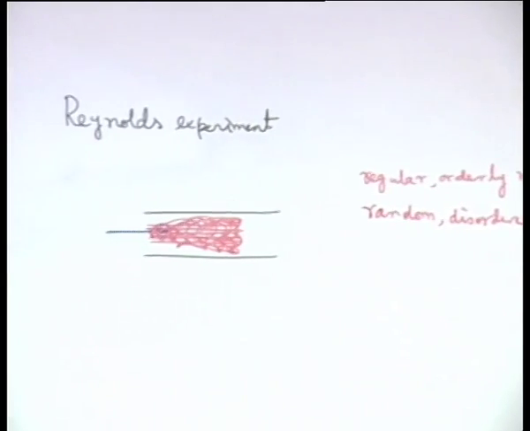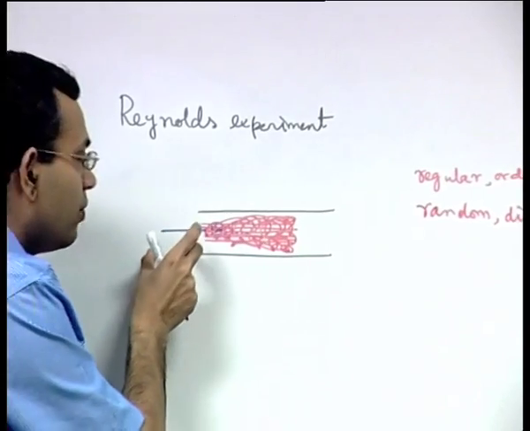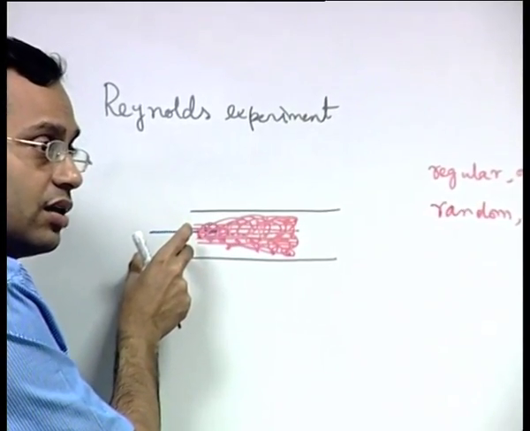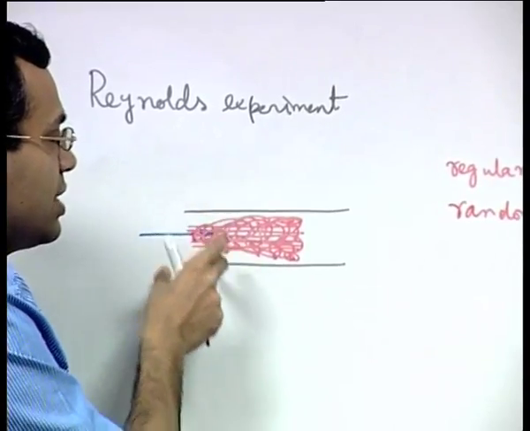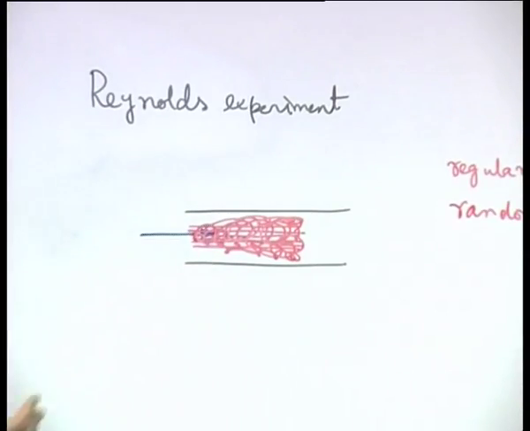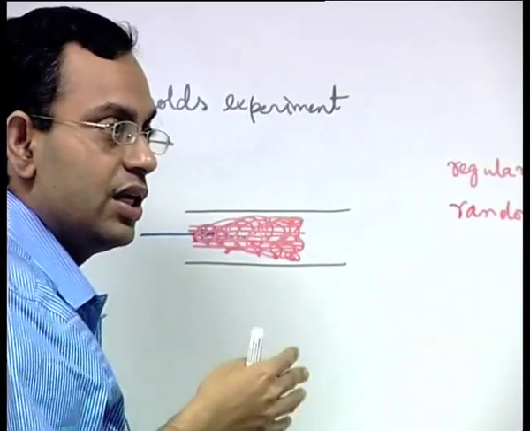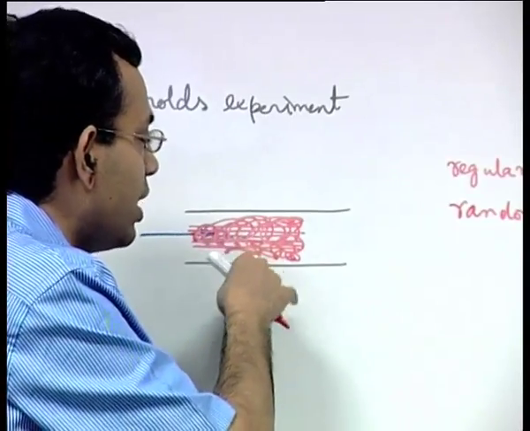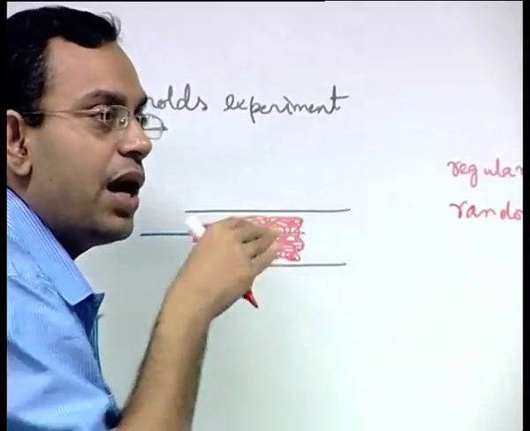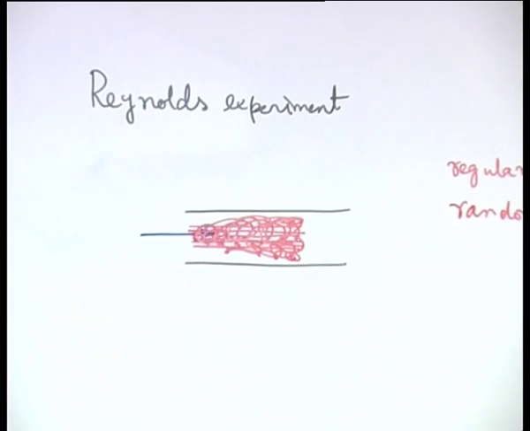So some of the characteristics we can learn from this very simple experiment is that at very low velocities, whatever is the perturbation in the flow, how can a perturbation be there? There can be a slight fluctuation in the inlet velocity, there can be perturbation due to the effect of the wall. So there can be disturbances to the flow, but the disturbances do not get amplified, the disturbances die down.